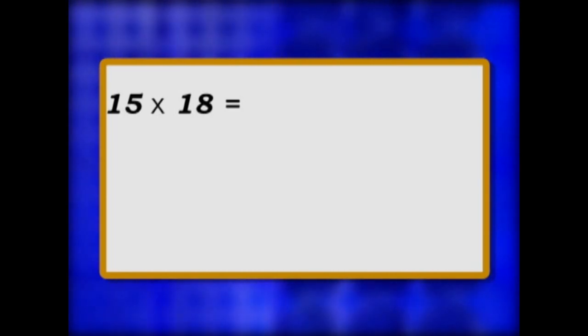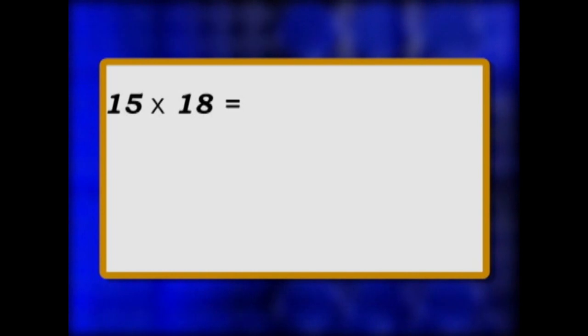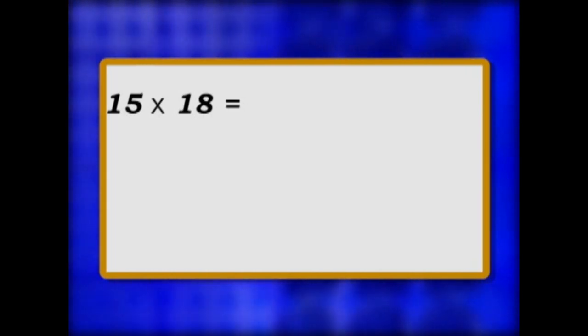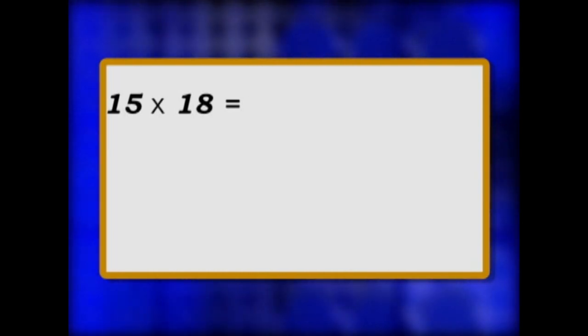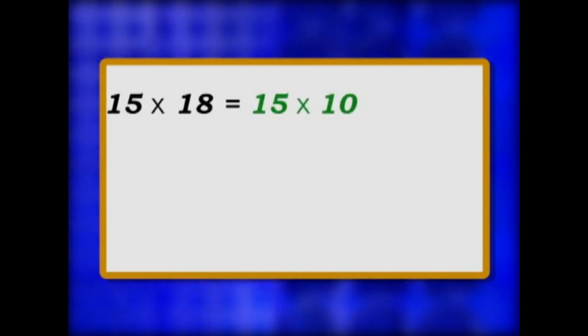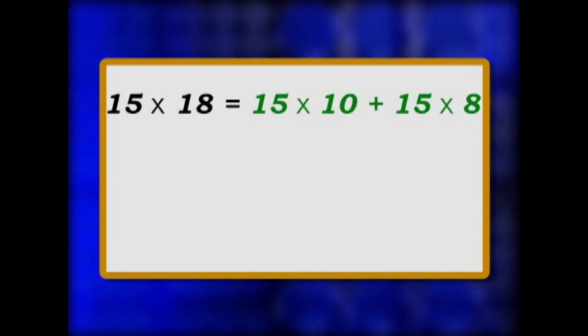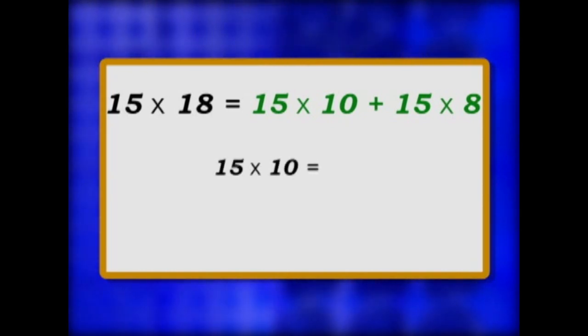Let's look at the next one. 15 times 18. Now I'm pretty sure not many of you know your 15 times table or your 18 times table. So let's break the numbers down. 15 times 18 is the same as 15 times 10 and 15 times 8. 15 times 10 is very easy.